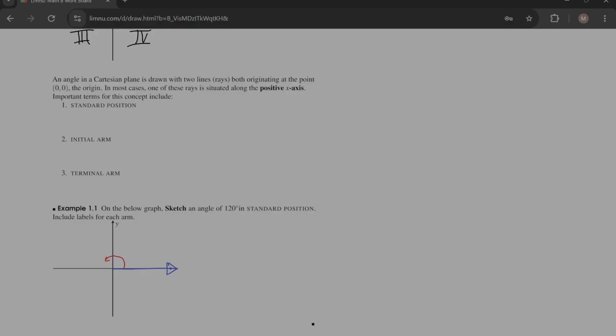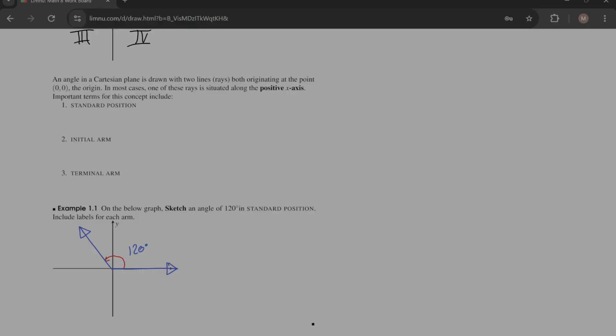So 90 degrees to get up here, and then another 30 degrees to get roughly there. And then we'll draw our terminal arm, ta-da, like that. So again, going through our terms, this angle in standard position is 120 degrees, and it's formed by comparing an initial arm, our positive x-axis, with a terminal arm, 120 degrees worth of rotation around.